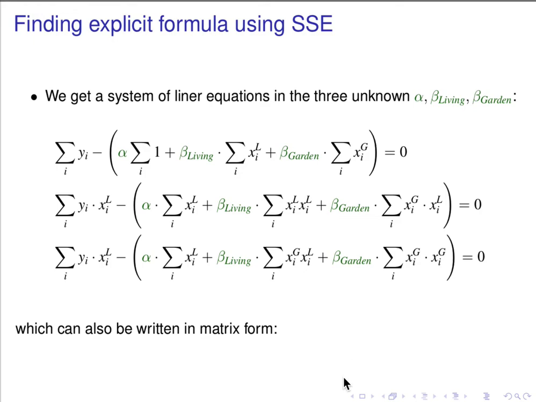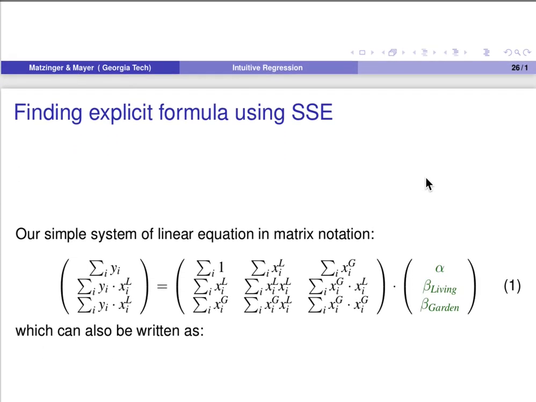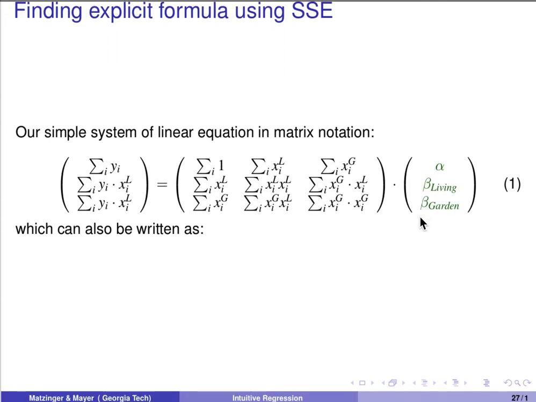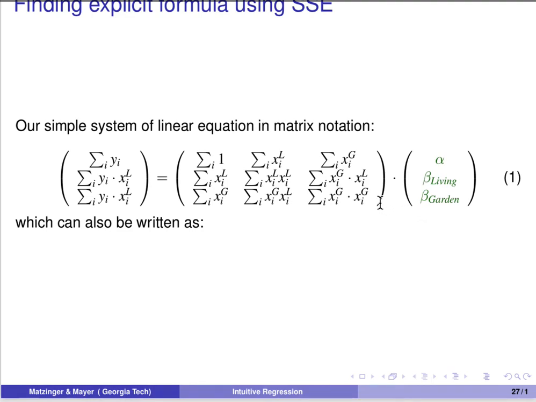But in the end, this is only three unknowns, and it's linear, a system of three linear equations in alpha, beta living, beta garden. So something extraordinarily simple. And even if the data is huge, we can rewrite this in matrix format here, and each one of these sums is just an entry of a small, ridiculous 3 by 3 matrix.